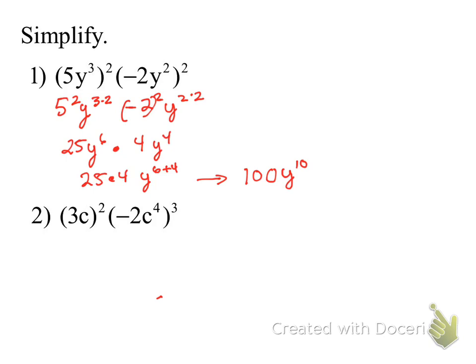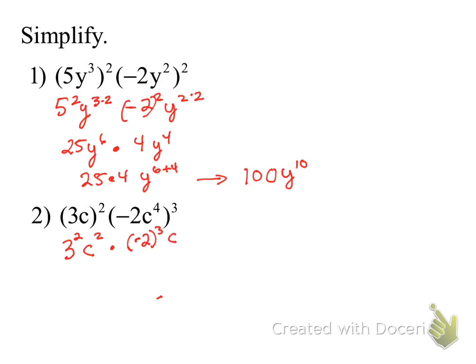Pause the recording. Okay, what do I do first? First, you're going to do 3 to the second power. Sorry. Good. Second power and C to the second power. Good. And then you're going to do times negative 2 to the third. Uh-huh.